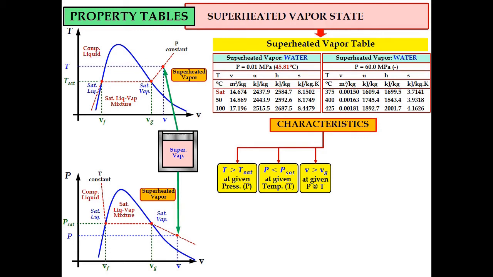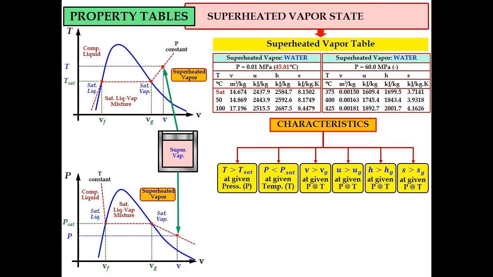We can also refer to the value of internal energy, which must be greater than the internal energy at the saturated vapor state, which is the Ug value at the given pressure and temperature. The other property is enthalpy, which must also be higher than Hg.